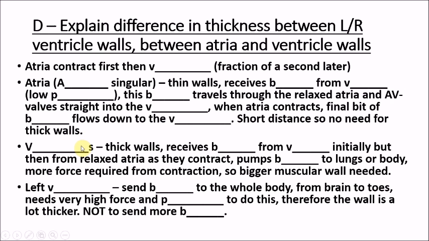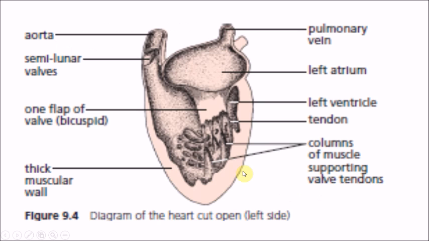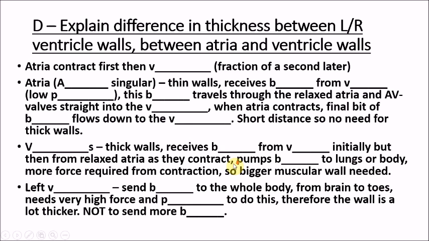The ventricles have thick walls and they receive the blood from the veins initially, but then from relaxed atria as they contract. They pump the blood to the lungs or the body through arteries, and more force is required from contraction because of this, so a bigger muscle is needed, and you can see that on the diagram just here, thicker muscle.